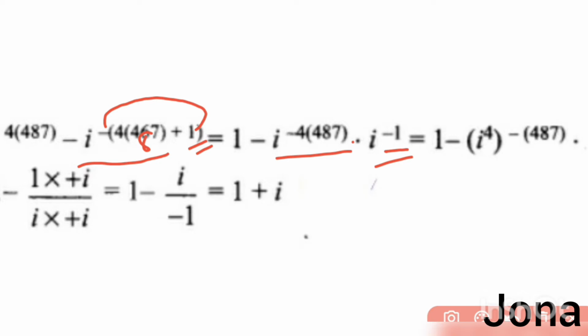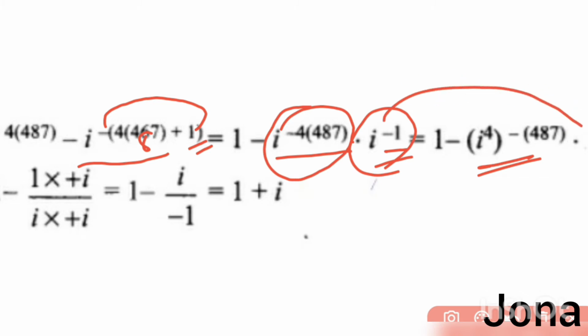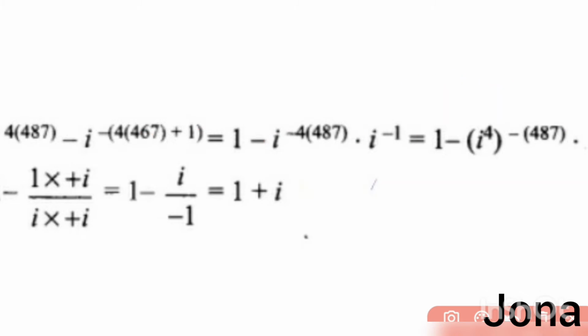For this i power 4 into 487, I can write this as i power 4 to the whole power 487. This i power minus 1 can be written as 1 by i. So now we simplify: keep this 1 as it is, and i power 4 is 1, the whole power will be 1 only.